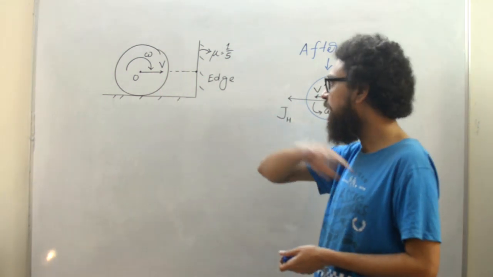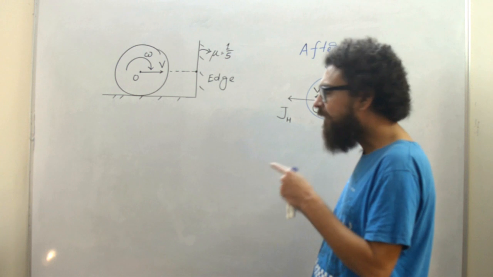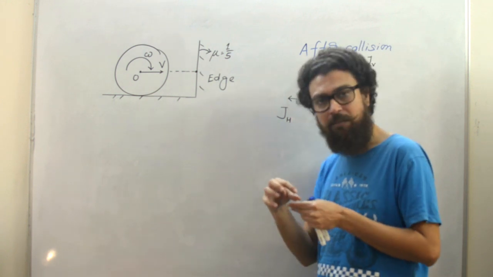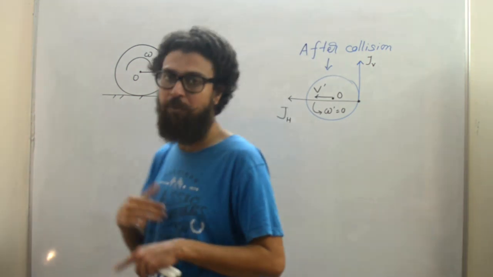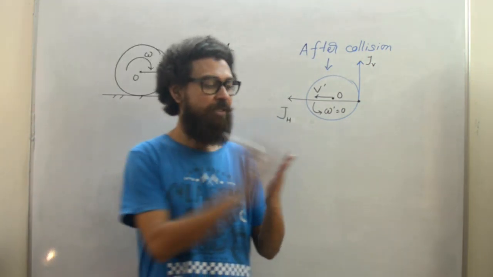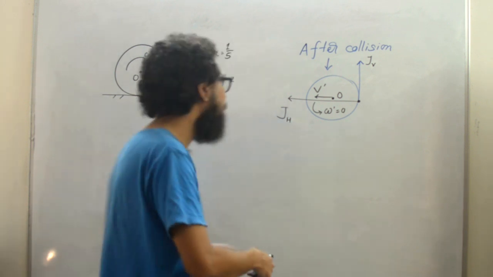This was frictionless and it is colliding with the edge. And the interesting thing is that after collision, they have said that the angular velocity is 0. That means now it is no more rolling. So it has a collision and now it is coming as if it is sliding with a certain velocity v dash.